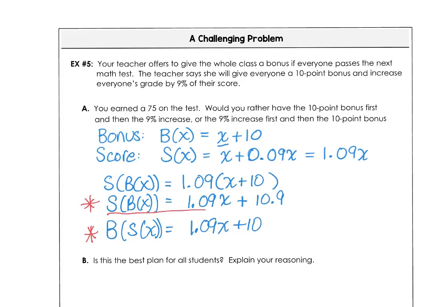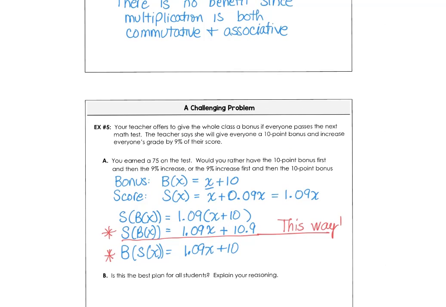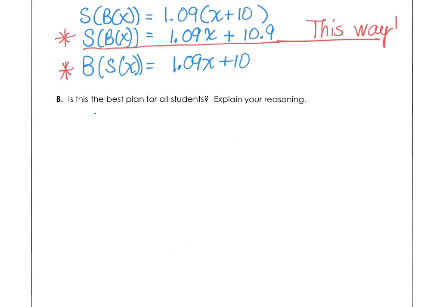And I believe it's going to be this is the best one. We want this way, since it's 9/10 of a point more than the alternate method here. So we want to use the bonus first and then the score. And then to explain that, I would say, yes, this is the best way.